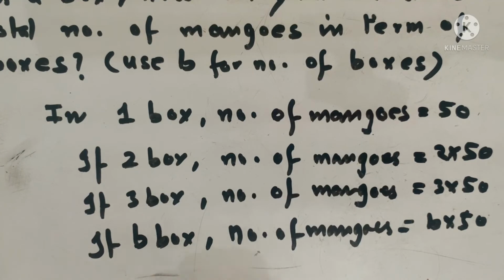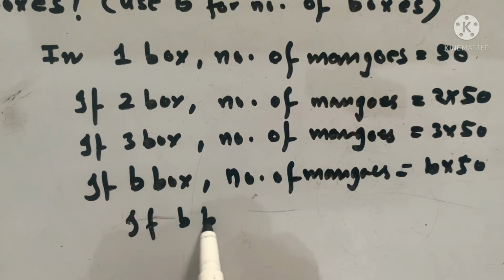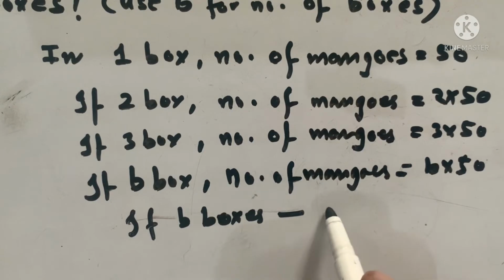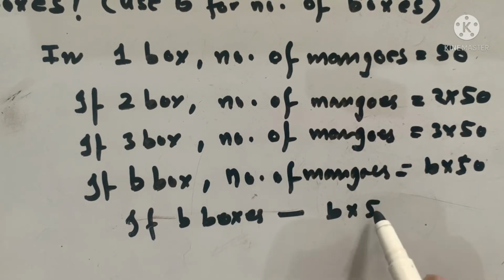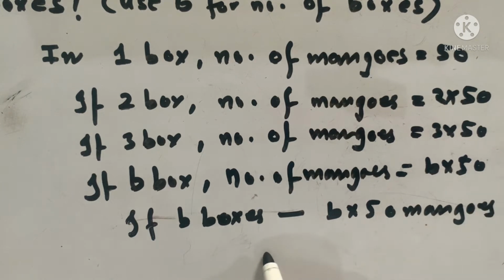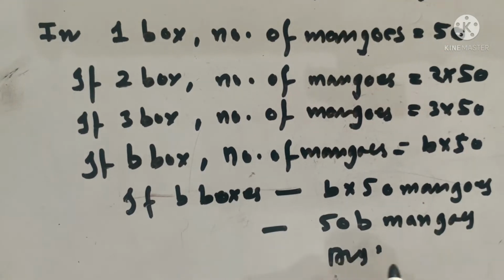Therefore the answer is B into 50 mangoes, or we can say 50B mangoes. This is the answer.